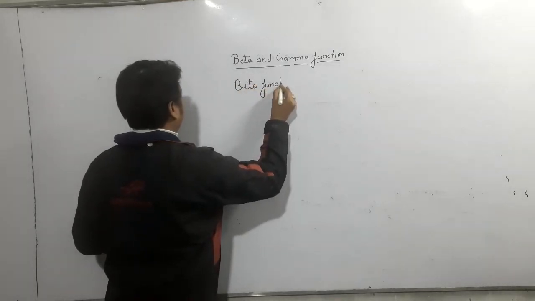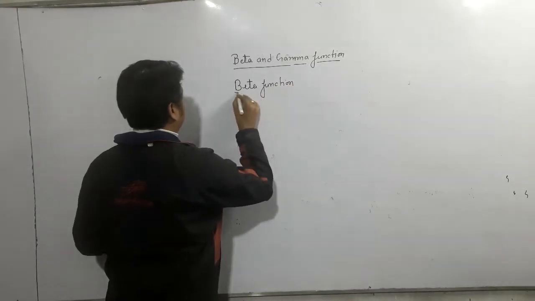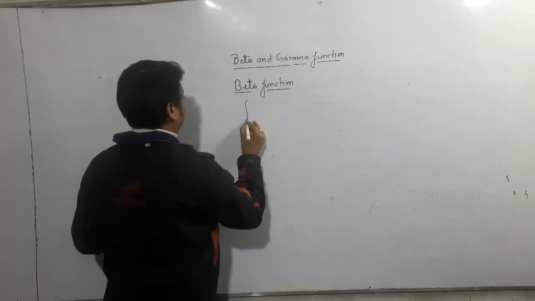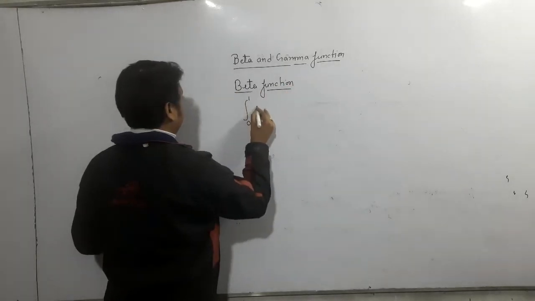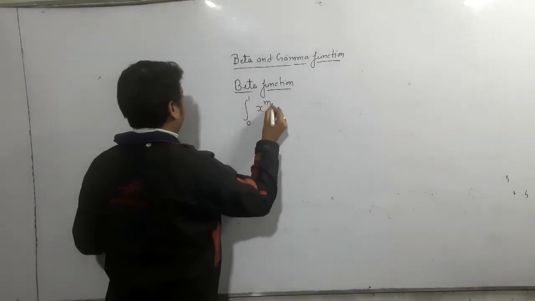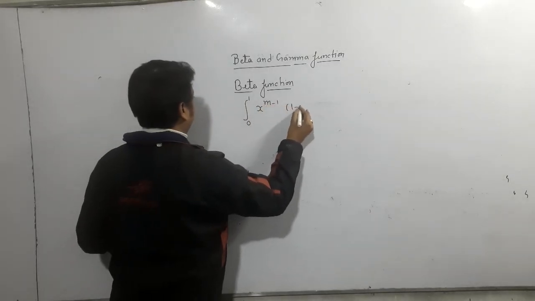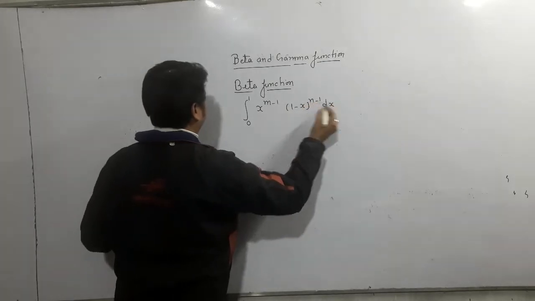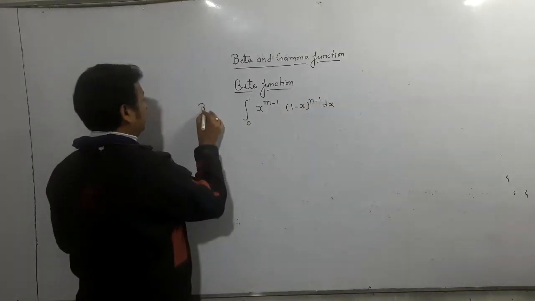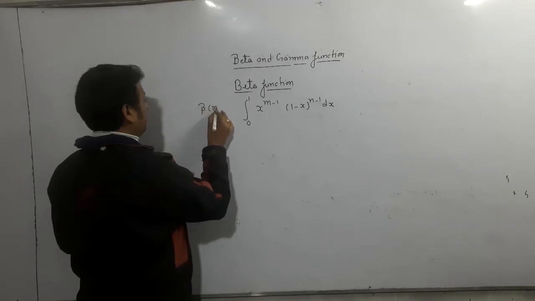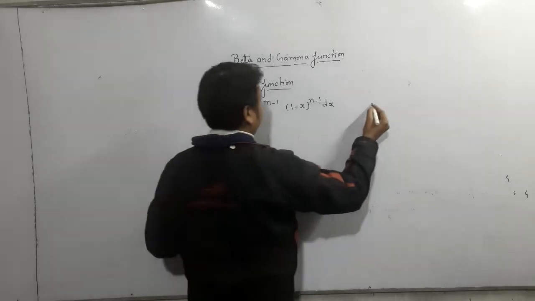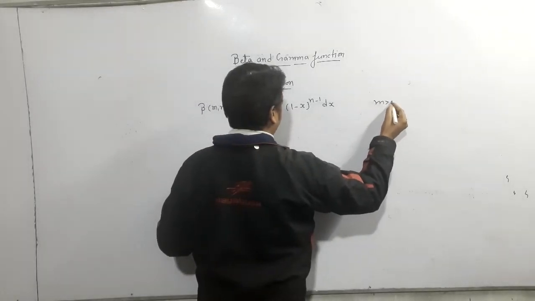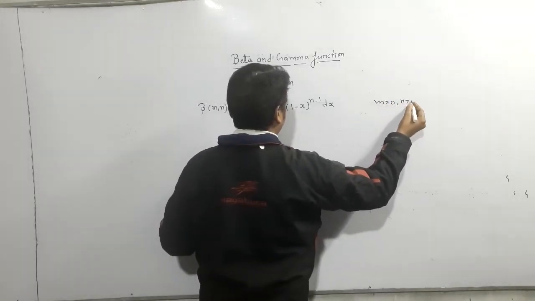So beta function means the integral from 0 to 1 of x to the power m minus 1, times 1 minus x to the power n minus 1, dx. This is represented by beta m comma n, of course with m greater than 0 and n greater than 0.